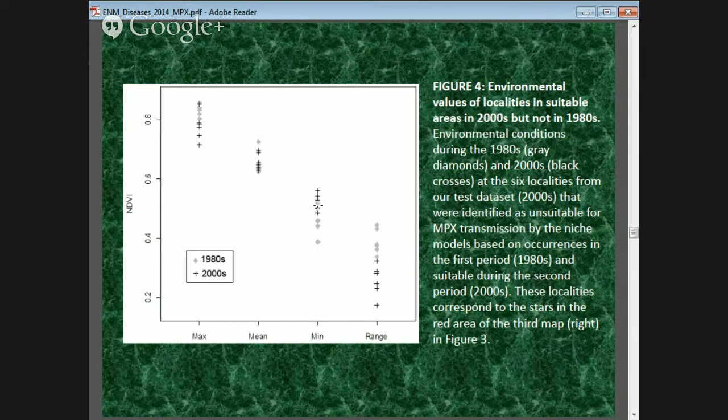So that is giving us a little bit of an idea of what would be affecting either the transmission of monkeypox into humans, or the hosts or reservoirs that carry the virus in the Congo Basin.